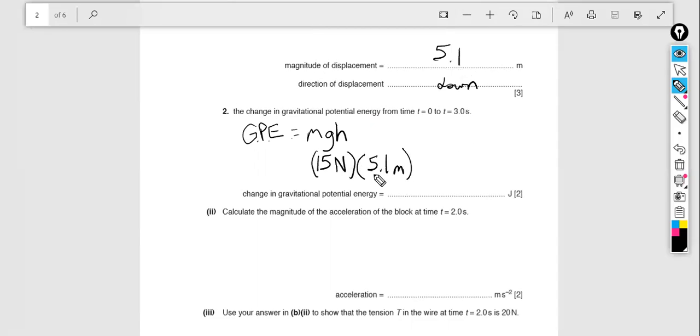Remember, work is force times distance, and the force to lift something is its weight, and the displacement vertically is height, and so that's where that comes from. And this gives us 76.5, and I'll call it 77 joules. And you have a negative. Energy can be positive or negative, even though it's a scalar.